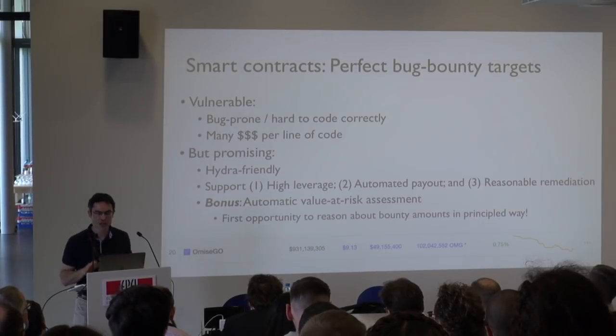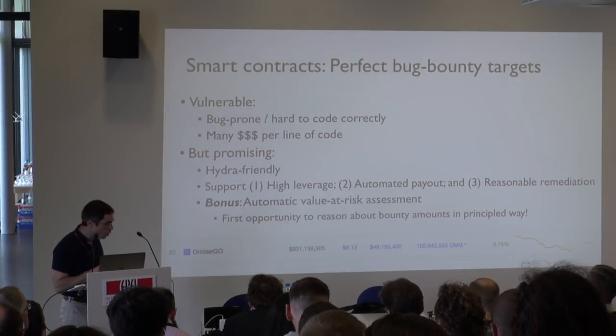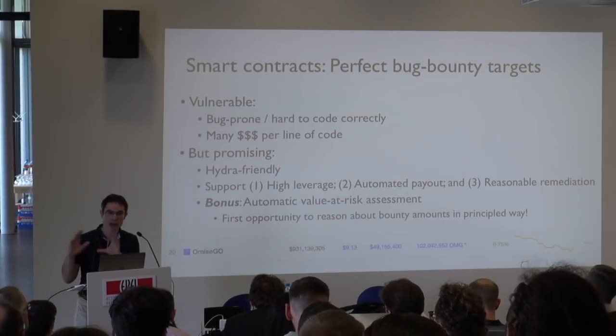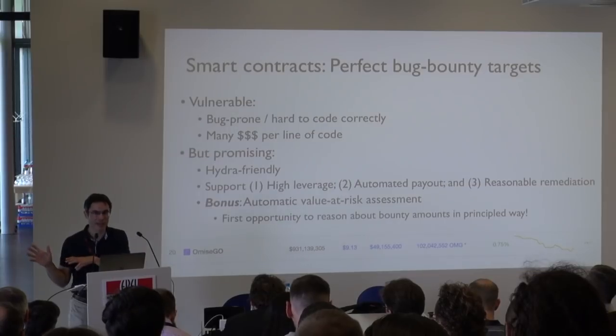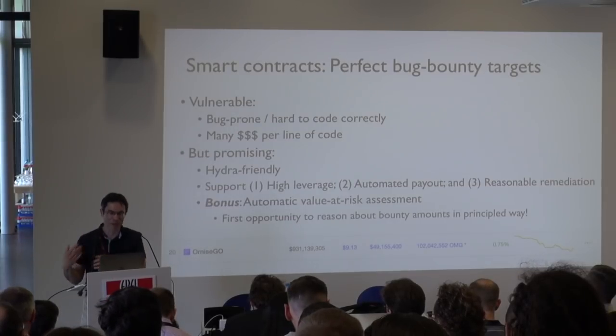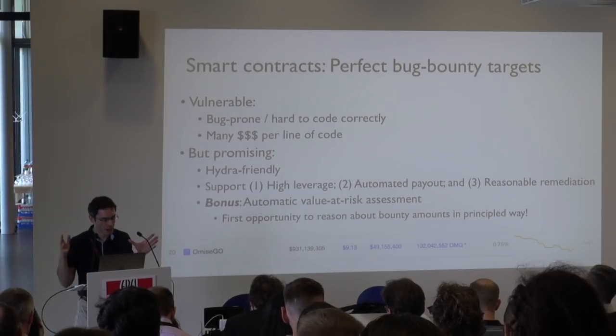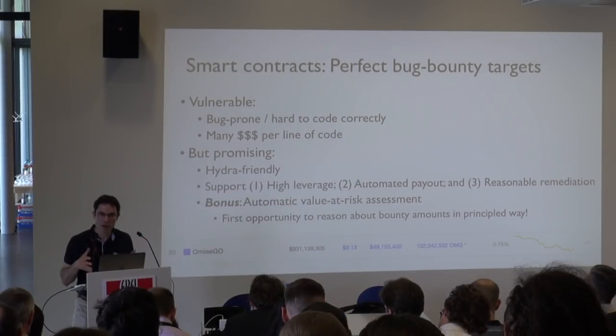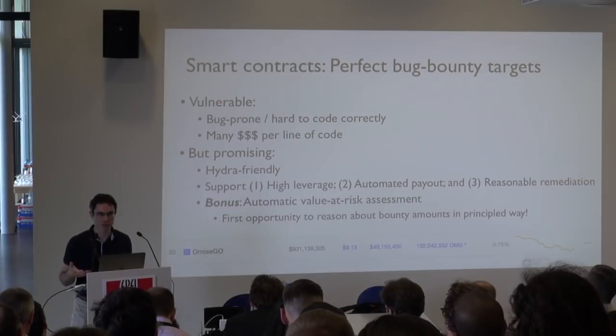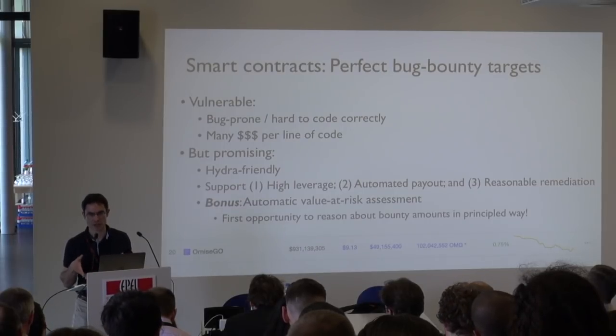And we can do this in real time. So we can actually, given an oracle, an authenticated data feed, as I said, it's somewhat problematic to build them, but assuming we have one, using an oracle, we can have a smart contract adjust its bounty in real time according to the value of the contract it's protecting.